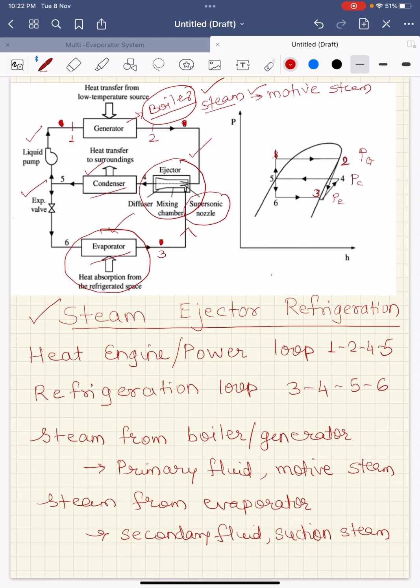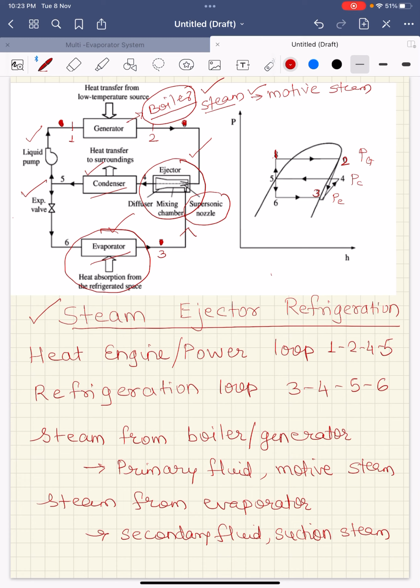So this evaporator steam is sucked into the nozzle. What happens next is both these flows mix in the mixing chamber. When they mix, they come to a constant pressure, and finally there is a diffuser where the pressure is regained.